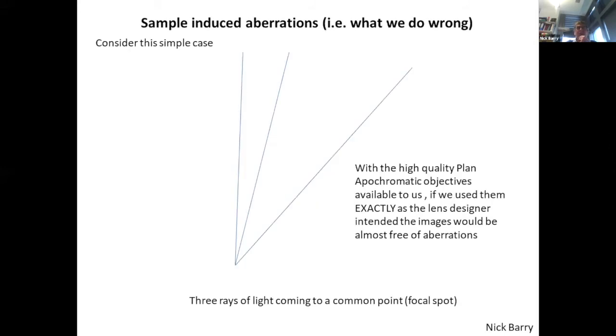So if you consider this simple case here, we've got these three rays converging to a point. So this is a diffraction limited spot, let's say. And if we've got a high quality plan apochromatic lens, which often is the case on confocal microscopes, and we use them exactly as the lens designer intended, these images would be almost free of aberrations.